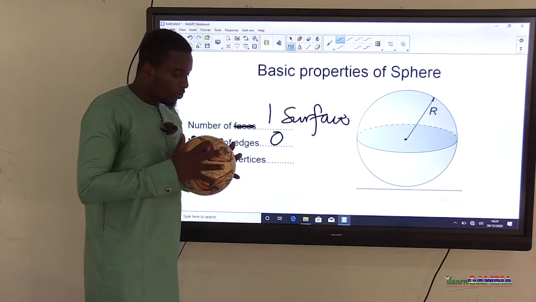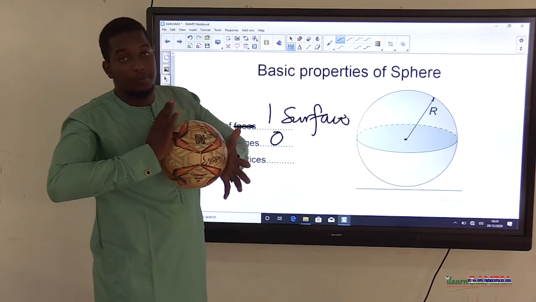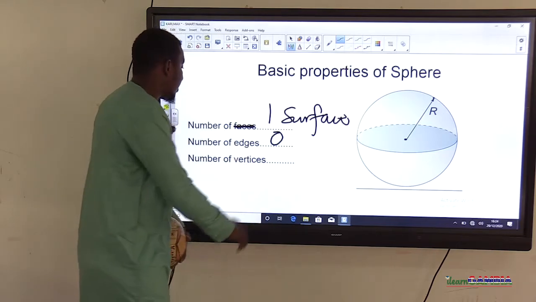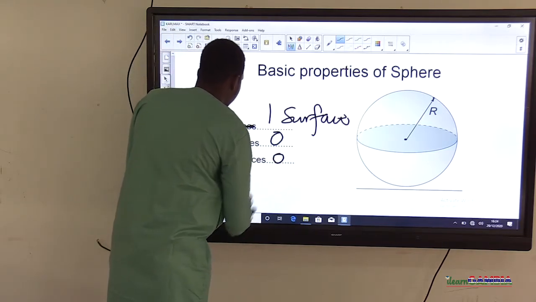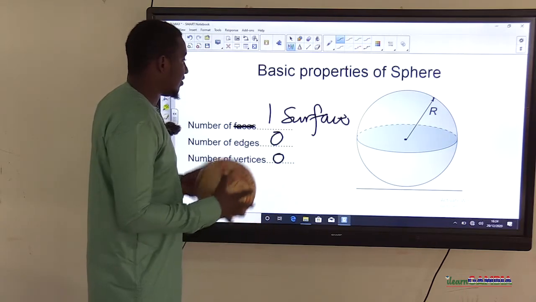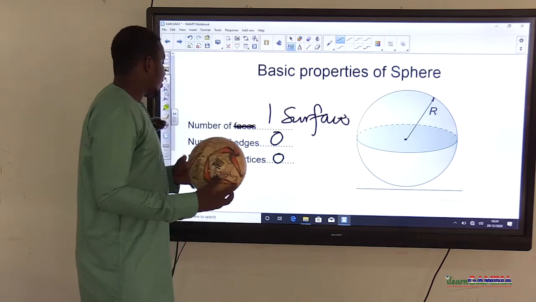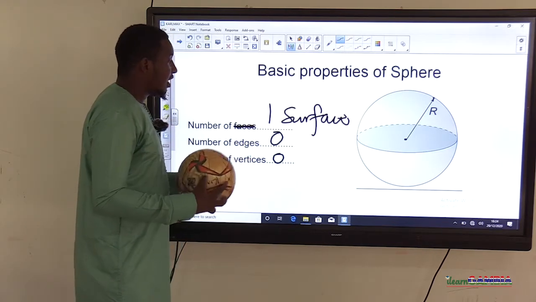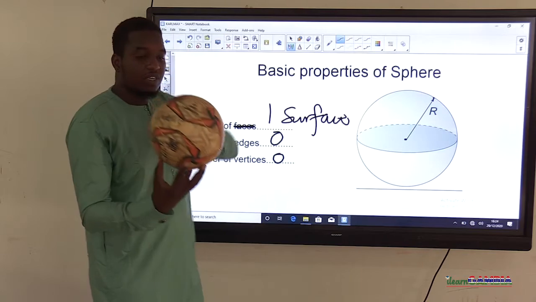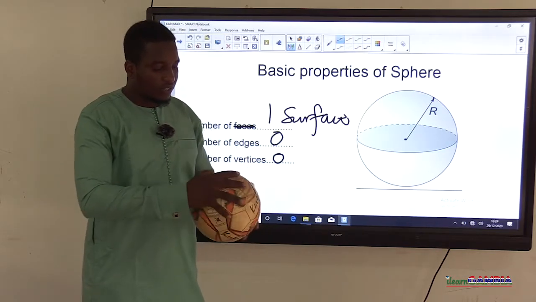There is no way 2 or 3 edges can meet here while it doesn't even have an edge. So we can say the ball or sphere has 0 vertices. It doesn't have any edge, it doesn't have any vertex, and it has only one curved surface.